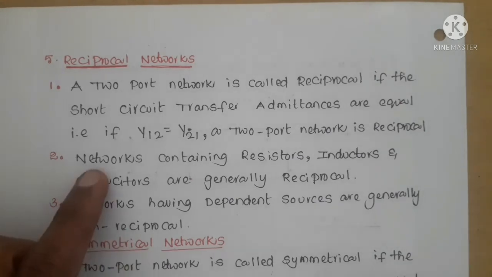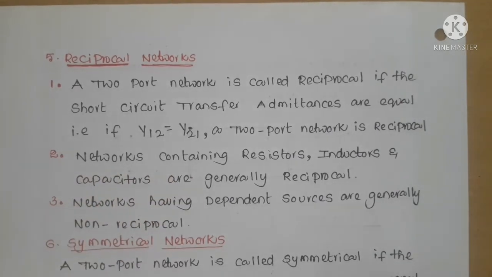And the second point is networks containing resistors, inductors and capacitors are generally reciprocal. So by seeing the network also we can say whether the given two-port network is reciprocal or not. If the two-port network has passive elements, that is resistors, inductors and capacitors, and linear elements, then we can say the given two-port network is reciprocal.